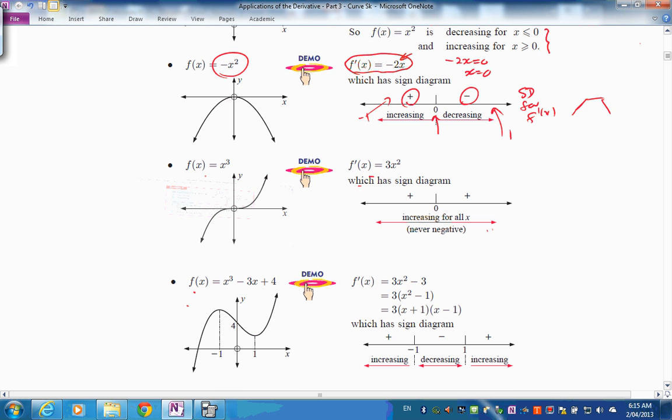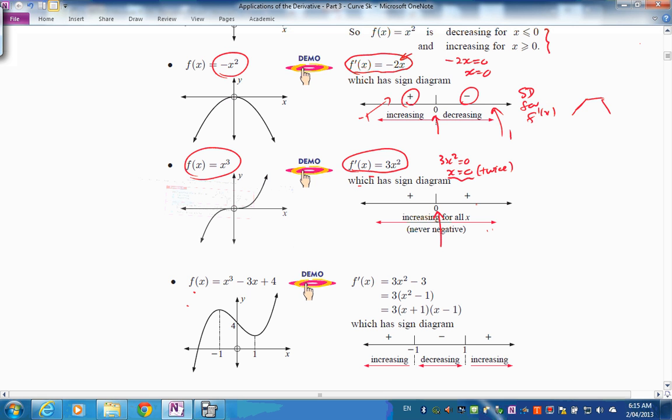X cubed looks interesting. X cubed, its derivative is 3x squared. Put it equal to 0, and we notice we get a repeated 0. We get x by x, or x squared equals 0, so x equals 0 twice.